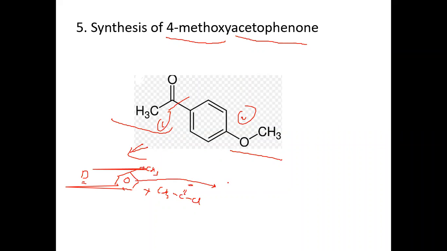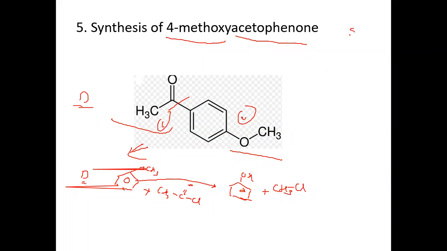What we'll get again if we disconnect means we'll get the OH plus methyl group. I'll write this as CH3Cl. Next, this is a disconnection.